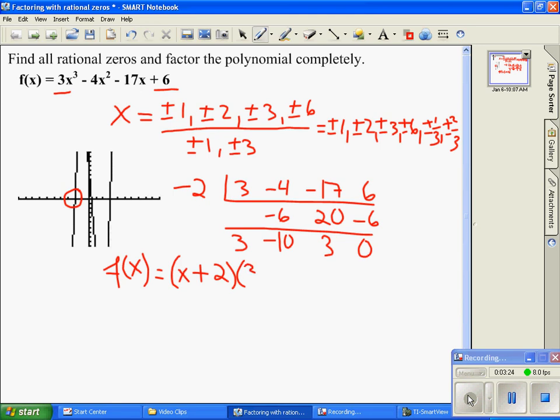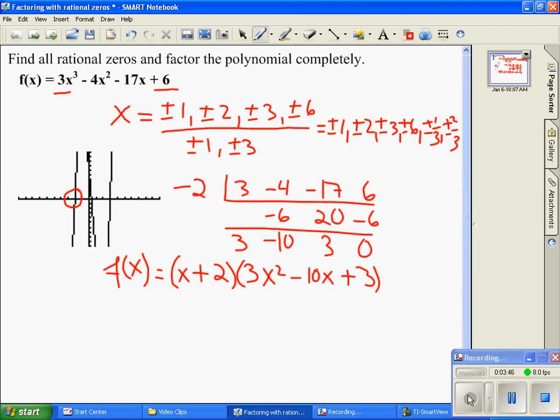So we have 3x squared. Remember to use one power less than what we have, which is cubed, so this one is going to be squared. Minus 10x plus 3.